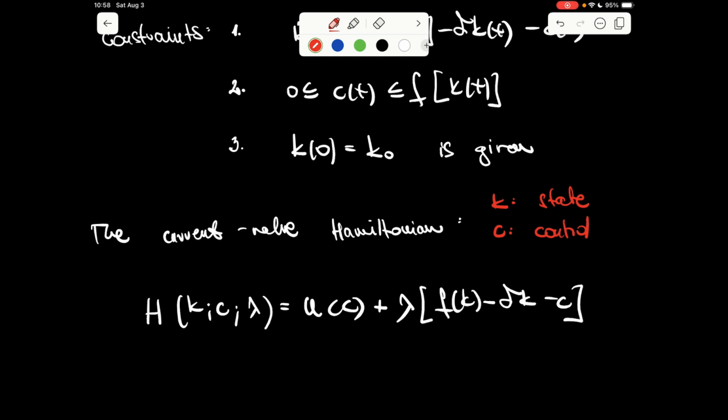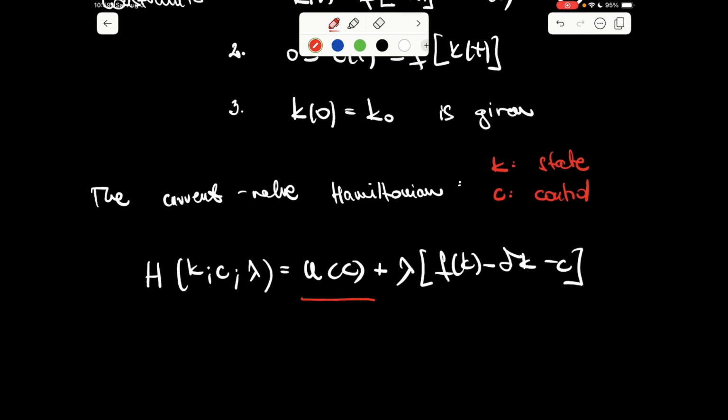So this is the Hamiltonian, this is utility, and actually this is what we call the current value co-state, which might be very useful and important in the solution.